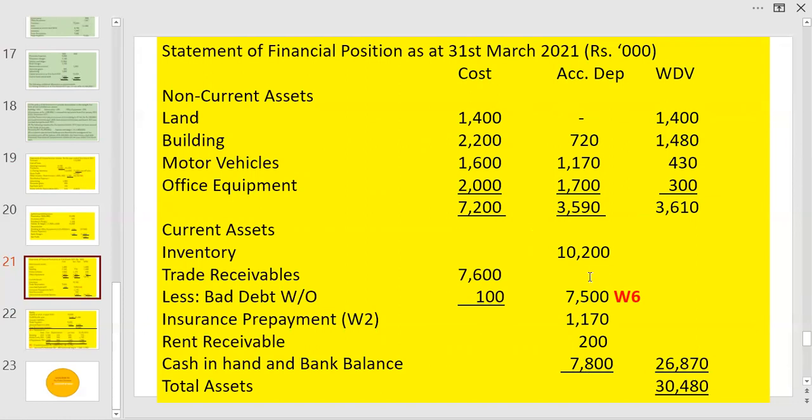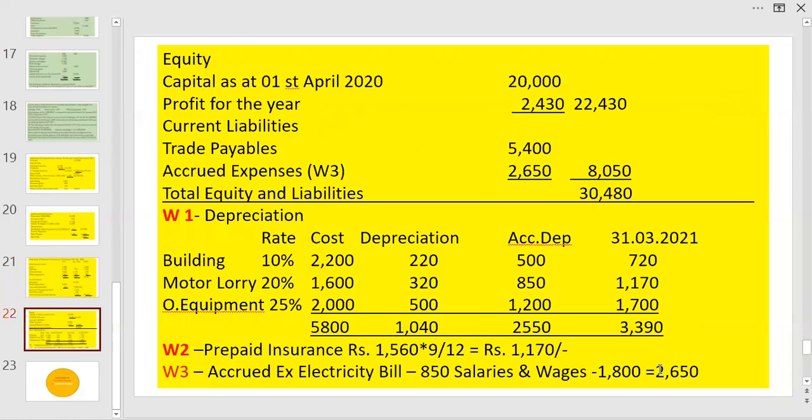A total asset of 30,480. These assets are financed by equity and current liabilities. It is necessary to show the equity movement which is shown here. A total of equity and liability 30,480, which tallies.